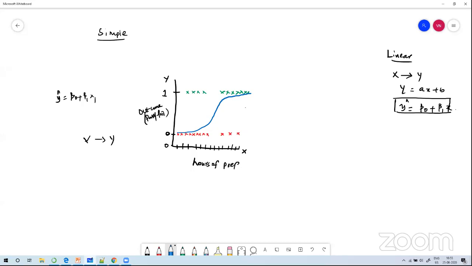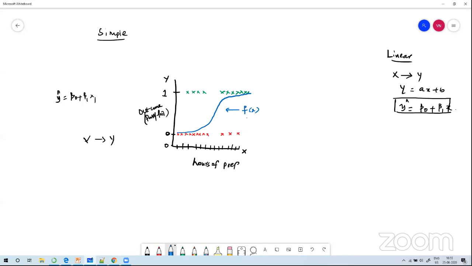So we need a function which defines this particular shape. It should always give an output between 0 and 1. For smaller values of X, the output should be very close to 0. For larger values of X, the output should be close to 1. So what could be the function that takes this type of shape?